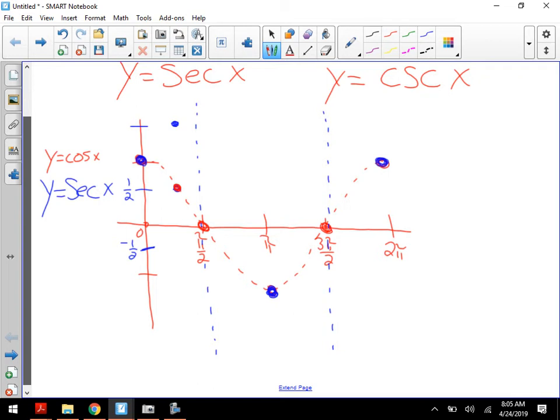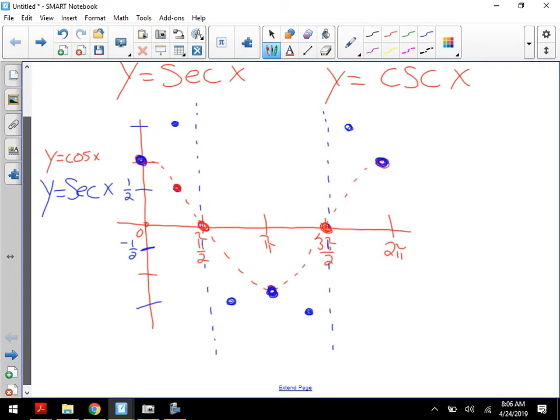So that means that somewhere up here, when I reciprocal this, it goes to 2. What happens when it's at negative 1/2? It becomes negative 2. Which means it's here again. So what happens here with secant graph, and cosecant here in a little while, is that it takes the sine or the cosine graph and basically blows it up.